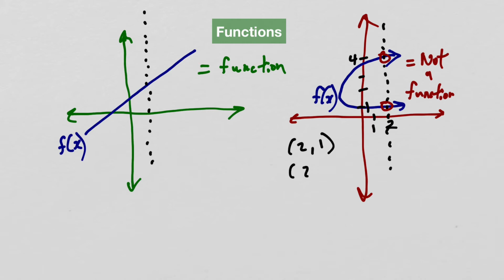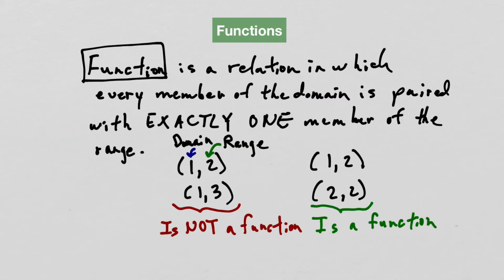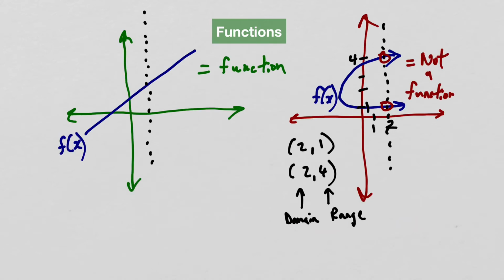And 2, 4. You see how there is one domain right here, one domain to 2 ranges, okay? 2 members of the range. Remember in the previous example how we said this is not a function? See how the x's are the same and the y's are different? That's not a function. We have the same thing here. The x's are the same and we have different y's. This is why it's not a function.